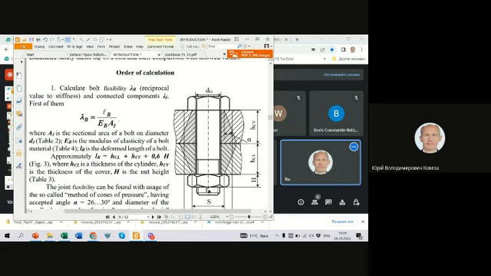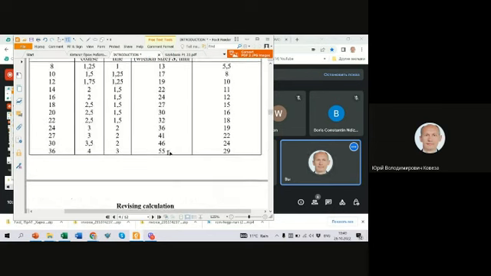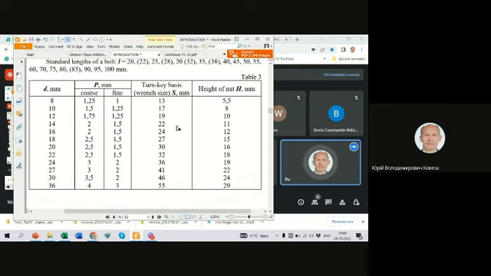That's why H and H we know, they are the same. We need to know H capital. H capital is the height of the nut. Height of the nut may be taken from table 3.